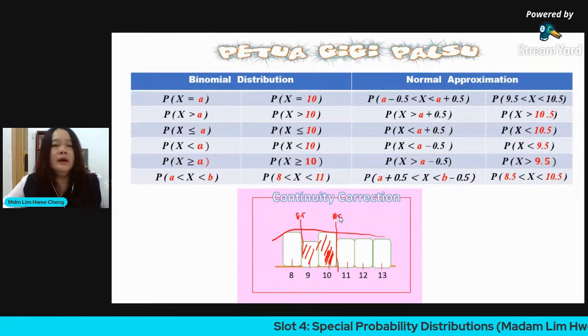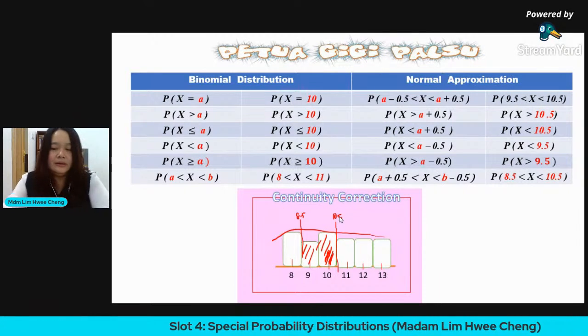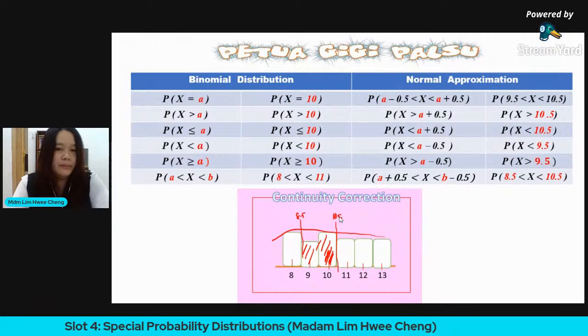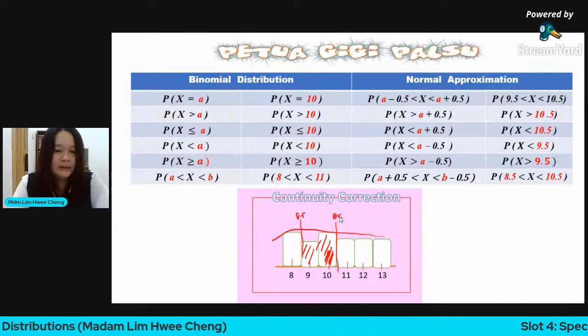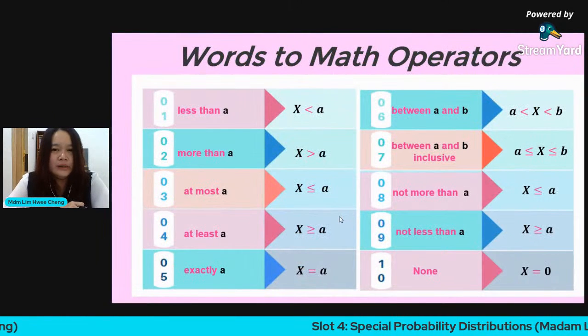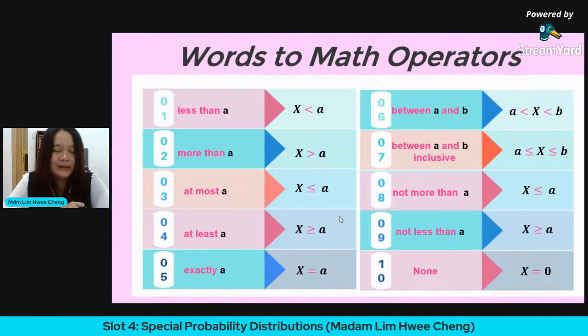Besides that, there are some important words on max operator that also play an important role in helping you to answer the questions. These are the words or the max operations that I can remember.